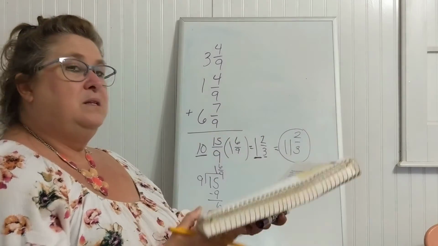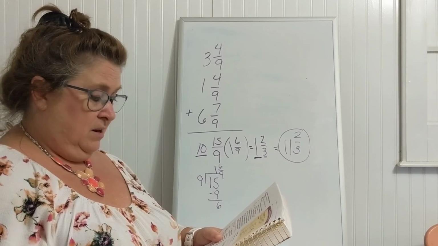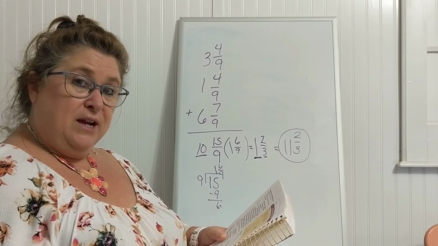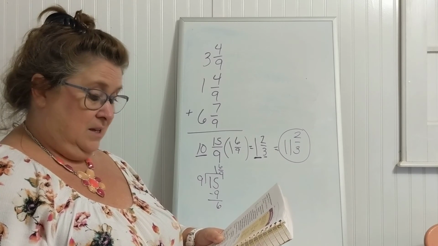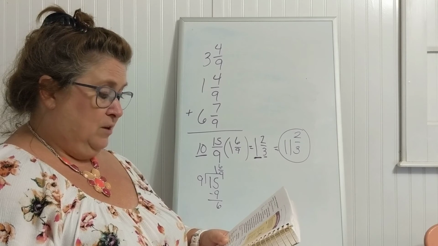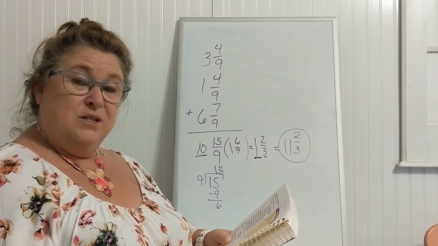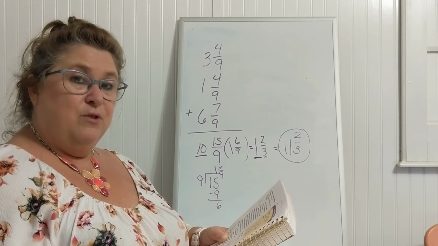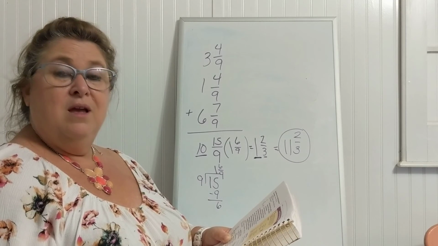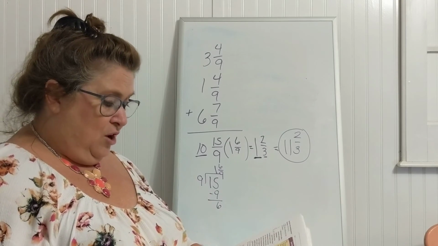If you promise me to do your very best work on page 77, and you knock those fractions out of the ballpark, then you won't have to do page 78. Okay? Because I really want your focus to be right there on those fractions and turning those improper fractions into whole or mixed numbers. And then adding on to the whole number if you have to, reducing if you have to. I really want your focus to be on that today, okay? All right, so y'all have your focusers on and have fun.